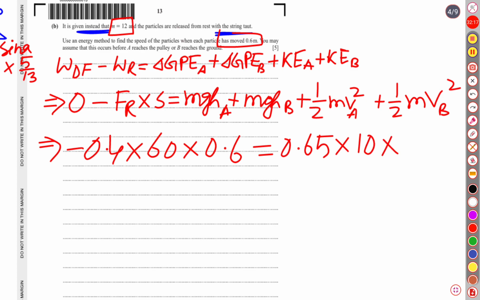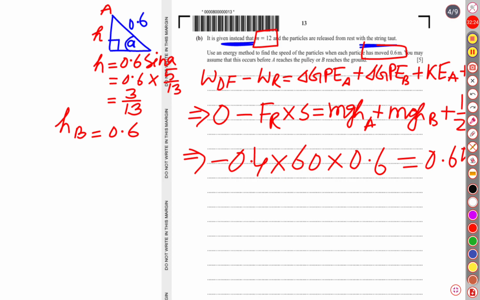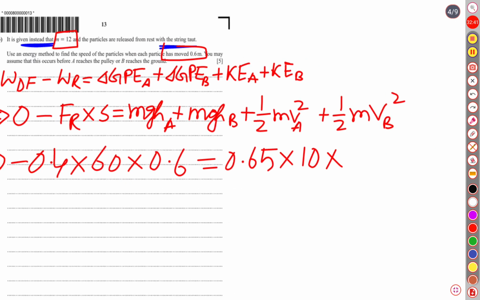Then H: we have already written that the particle was moving downward, how long, 0.6 meter. For downward, height means the difference between the initial and final height. Final height is 0.6 meter, so initial height was higher. Actually it was moving downward, so it should be negative. So a negative symbol can be written over here.